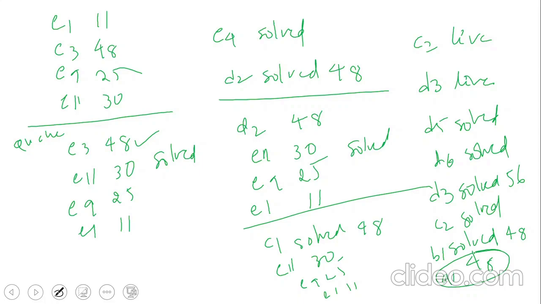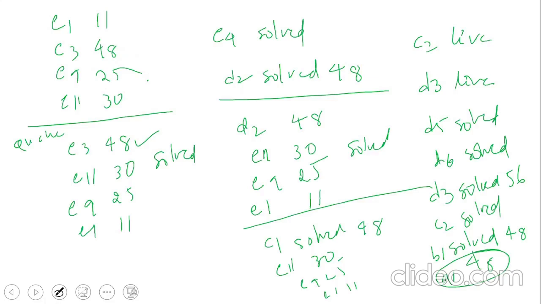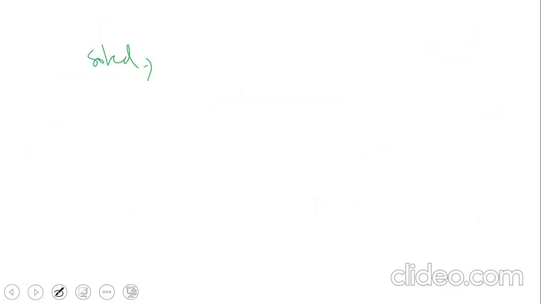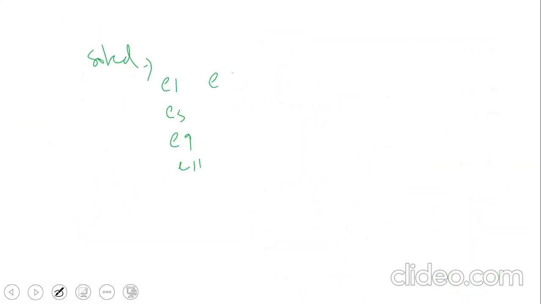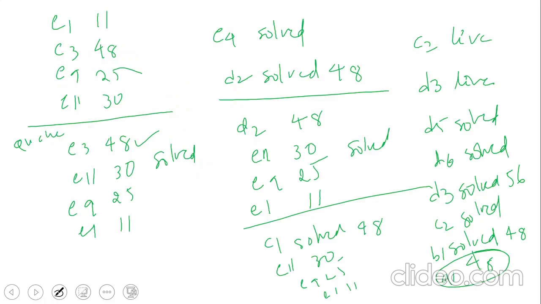Now let us see which nodes are the solved nodes. First we start from E1, E3, E9, E11. Next E4 is solved.